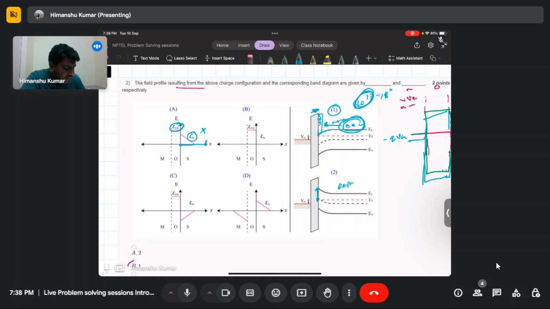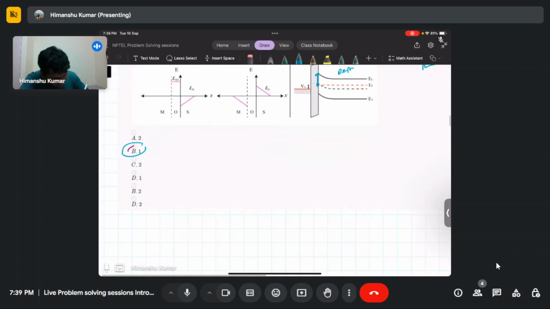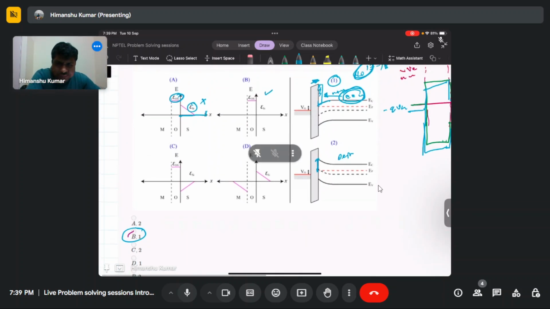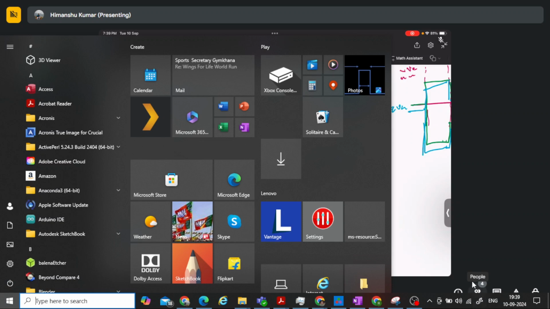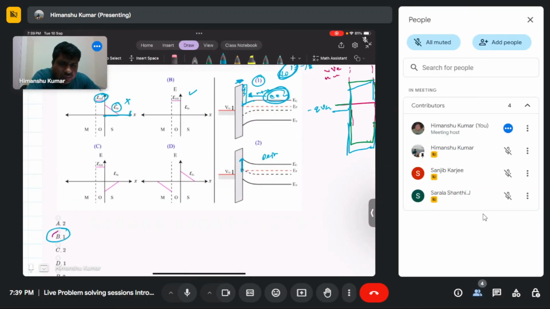So with the given options, the correct option is the second one, option B, and the first band diagram is correct. If there is any doubt with the problem, you can ask, or otherwise I will move to the next problem.